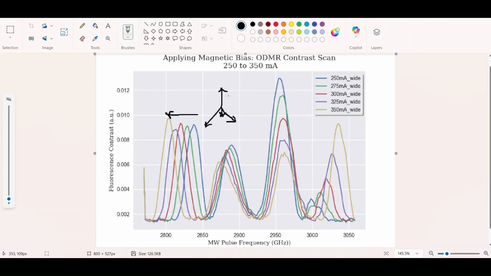What you're seeing here is these outside peaks come from the main direction that we're interrogating, and then these inner ones come from the ones that are off at, I think, 120 degrees. And because there's an angle to the magnetic field that we're applying in this direction, they don't see the full magnetic field. They're at an angle to it.